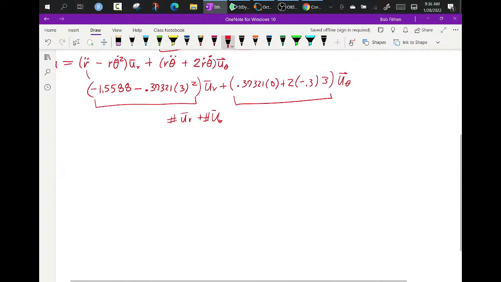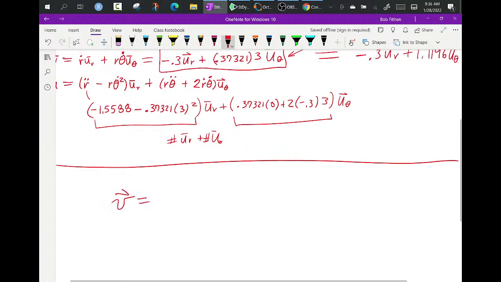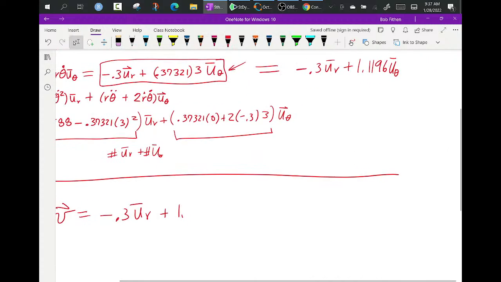Okay, so let's just reset our brains to saying someone told you the velocity is equal to minus 0.3 UR plus 1.1196 U theta.